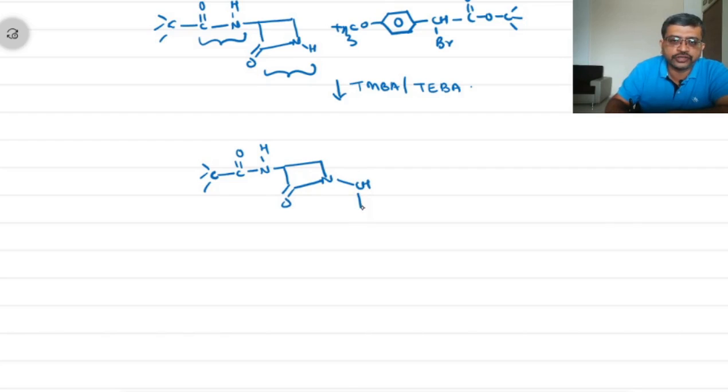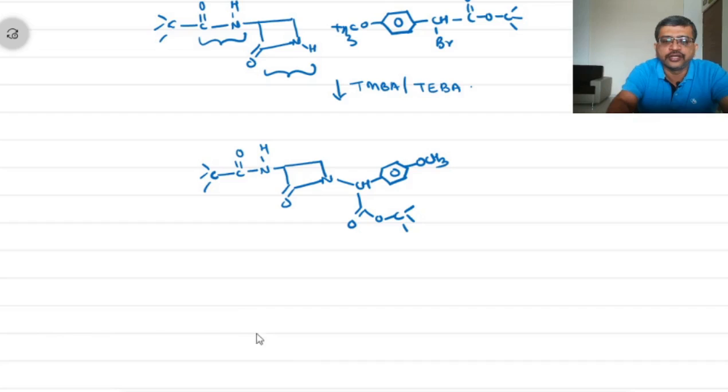Here we will have an ester group, and on this side we will have a phenyl ring with a methoxy group at para position. So this product we will be getting.